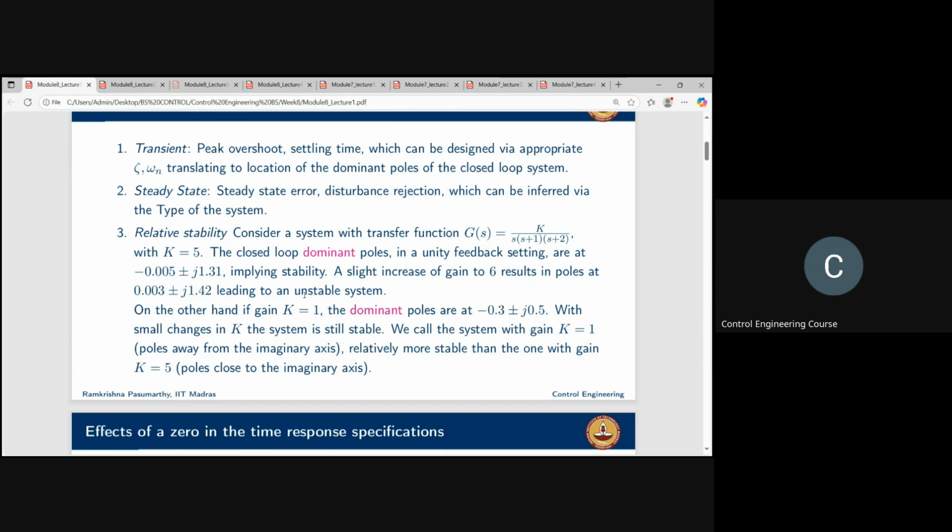It's not a binary thing. Close and far are not binary things. The closer it is, the more screwed up your results will be, and the farther away the non-dominant poles are from your dominant poles, the more accurately your design specification will be satisfied. As a thumb rule, 5 or 10 times the distance. Okay, you can keep that.